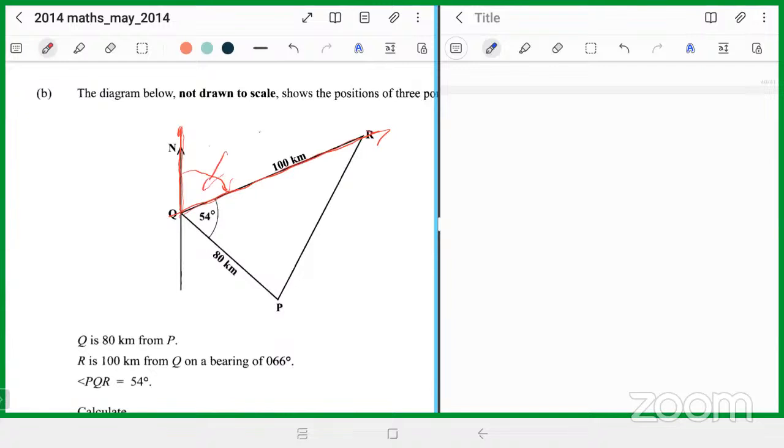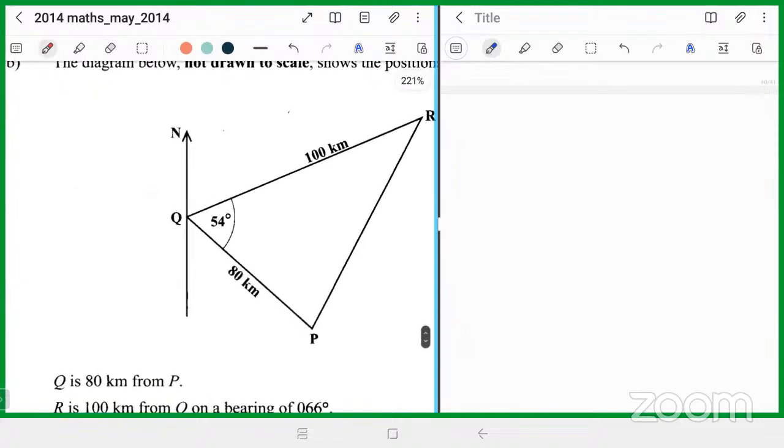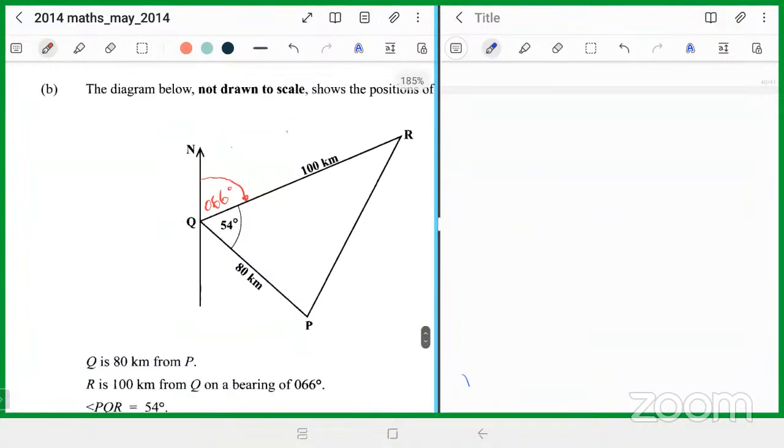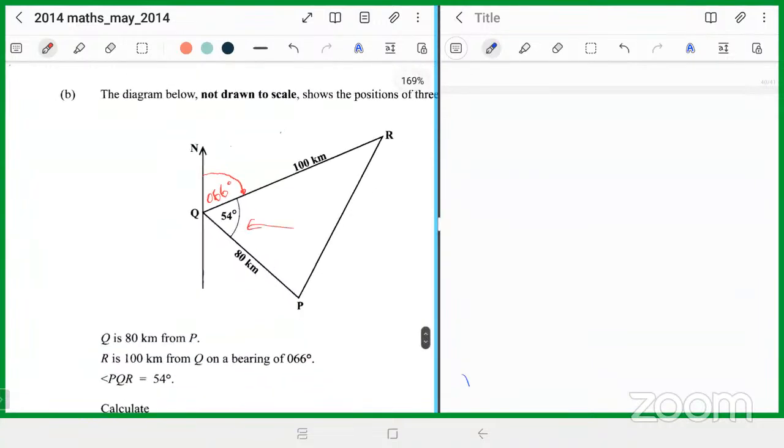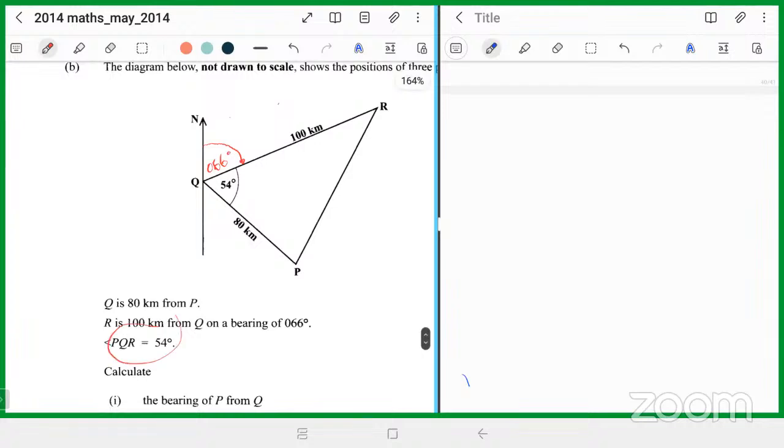So this is the angle that is 066 degrees. That's the bearing angle. And so they give us this angle inside here. They're helping us because we can use the cosine rule to find this side over here, with that 54 degrees angle. They tell us the angle inside is 54.